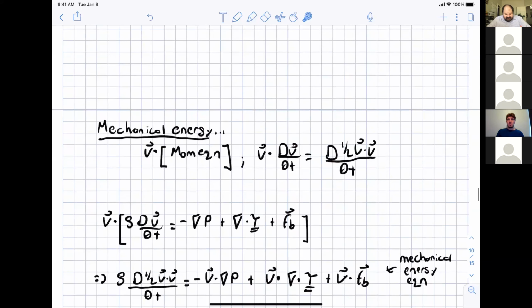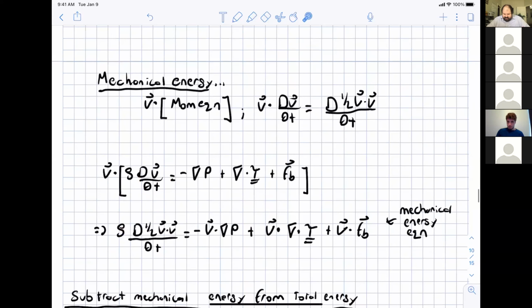Anyways, we're going to take v dotted with the entire momentum equation, which we derived over here. I'm going to dot it with the velocity vector, and I'm going to use this identity for v dot dv.